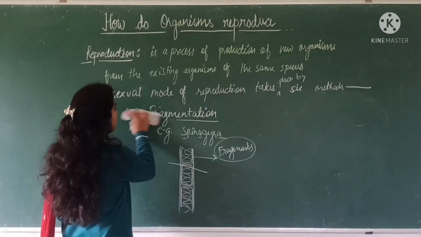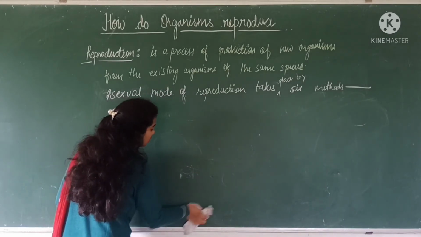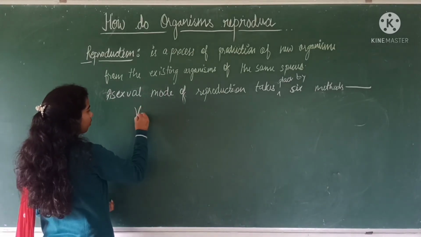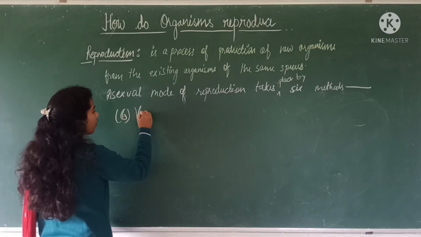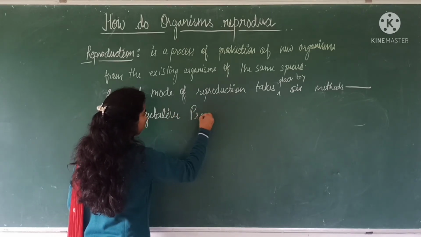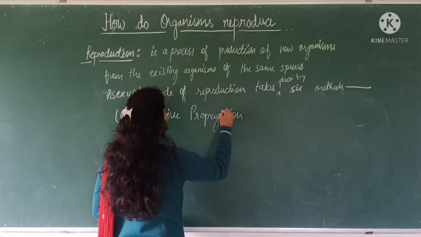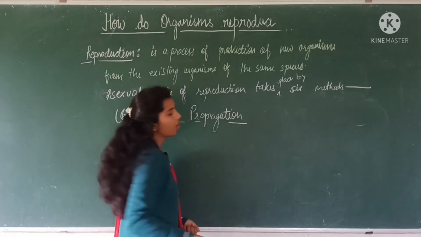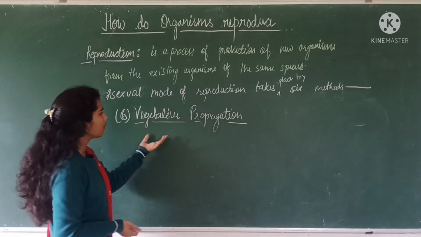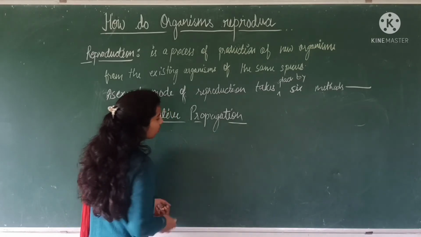Now we are going to discuss vegetative propagation, which is the last method of asexual reproduction. The sixth method is vegetative propagation. This method is found in plants.